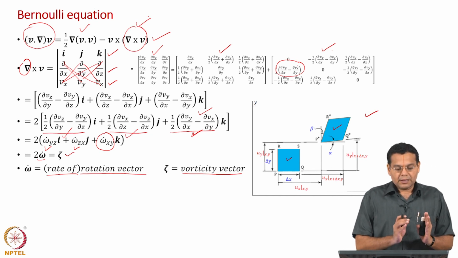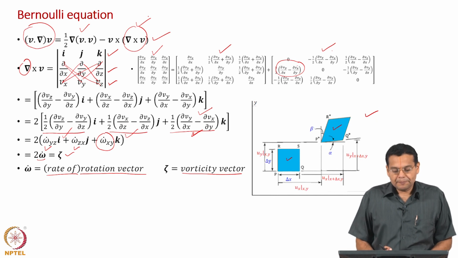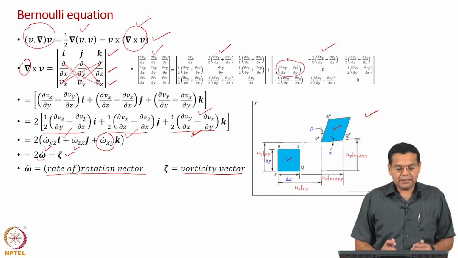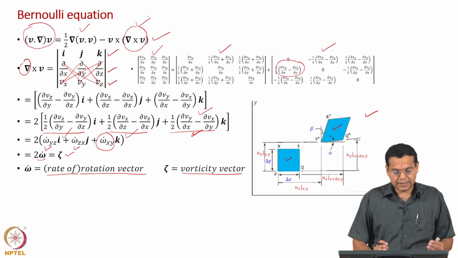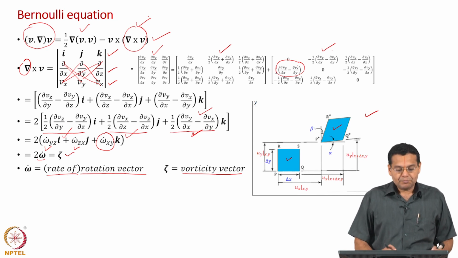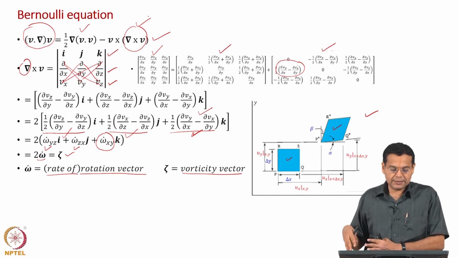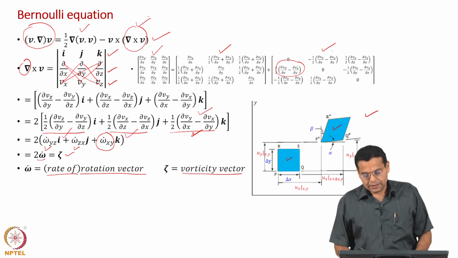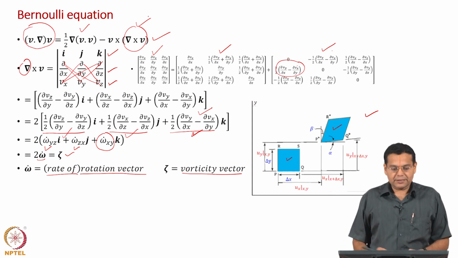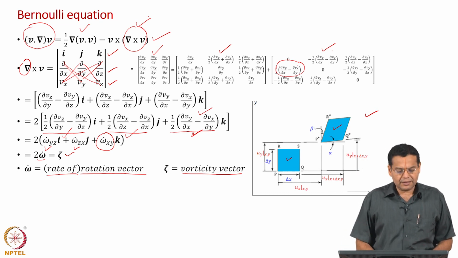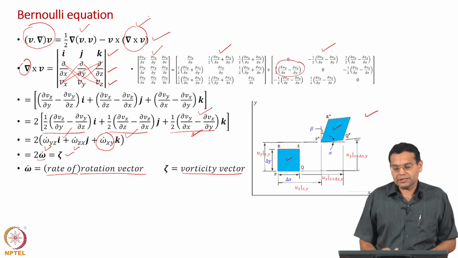We know that del cross V is the curl of V, and we started with the determinant expression, expanded that and found that the components of the del cross V vector are nothing but the rate of rotation of the fluid elements in the 3 planes, and that del cross V has now got a significance of twice the rate of rotation vector.